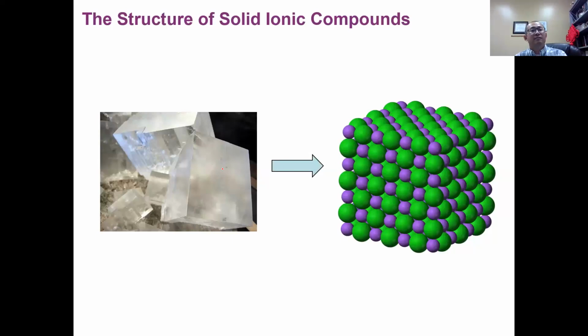Okay, after that, let's take a look at the structures of ionic compounds in a brief way. Structures of ionic compounds. We know ionic compounds are made of ions. But in ionic compounds, the ions are not individually bound together. They actually form a huge network called a lattice, like this.